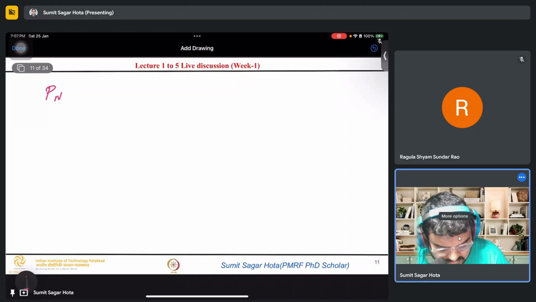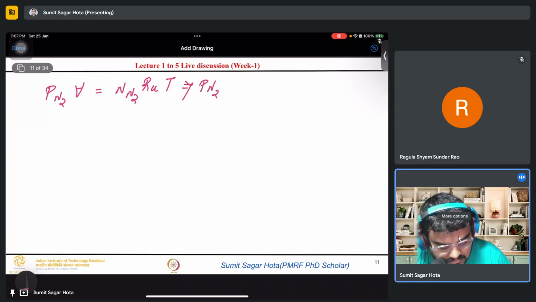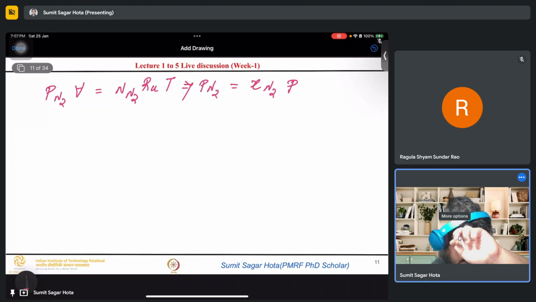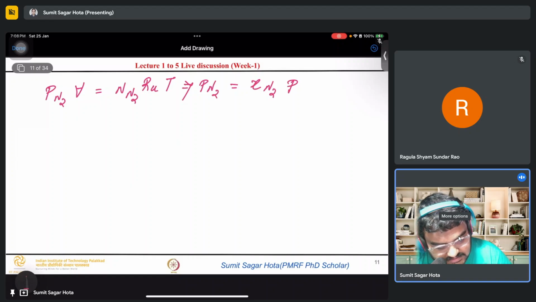So P of N2 into V is equal to n of N2 Ru T, and P of N2 is equal to chi of N2 into P. But here the pressure will be the total pressure. These are the formulas you should remember.